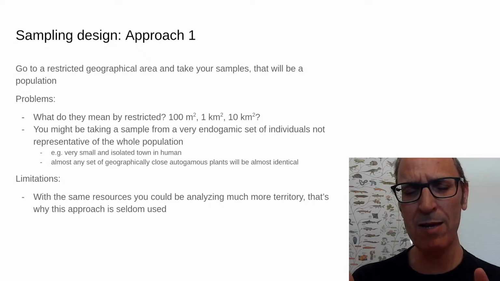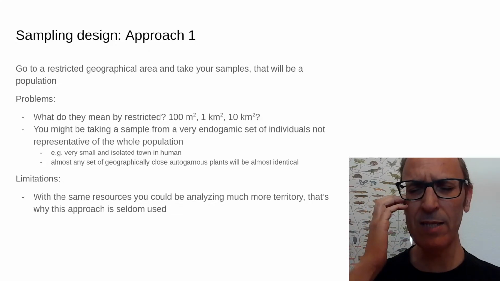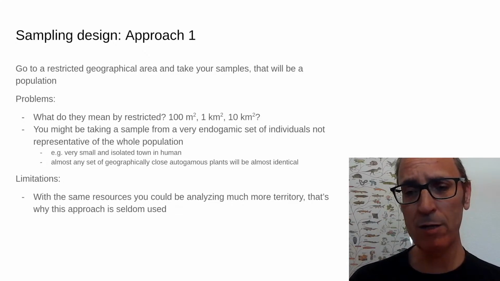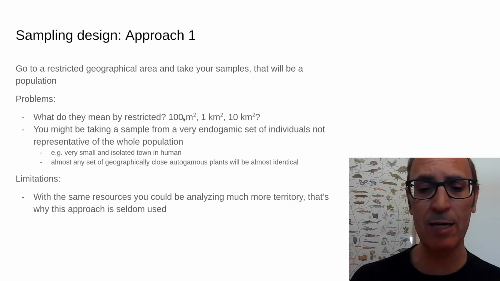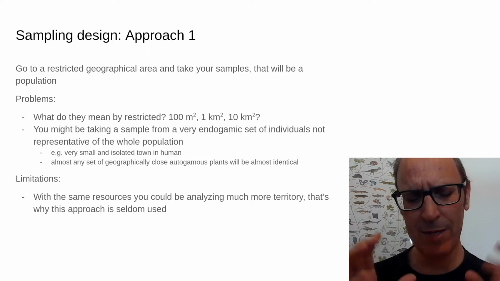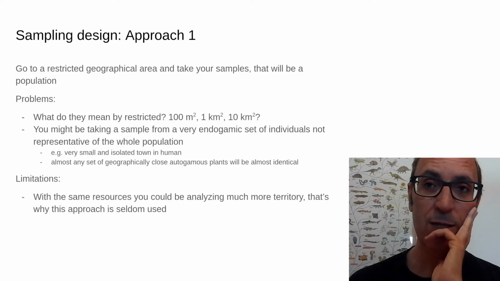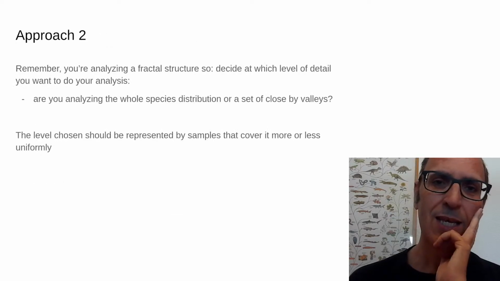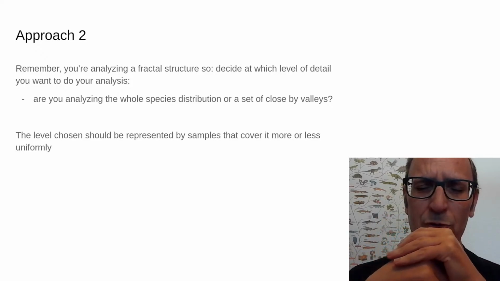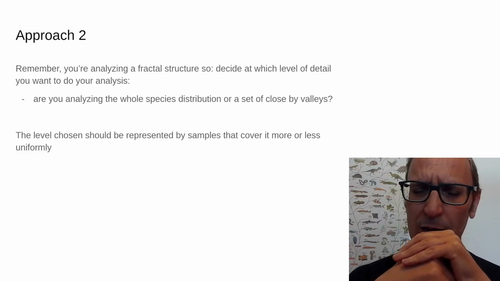It would be better to decide, well, I want to analyze the whole country, for instance, or just a valley, and you try to spread your individuals as much as possible in the region that you want to analyze. Otherwise, you are wasting a lot of money. If you decide to do this second approach, you have to decide also which is the level at which you want to study the species.